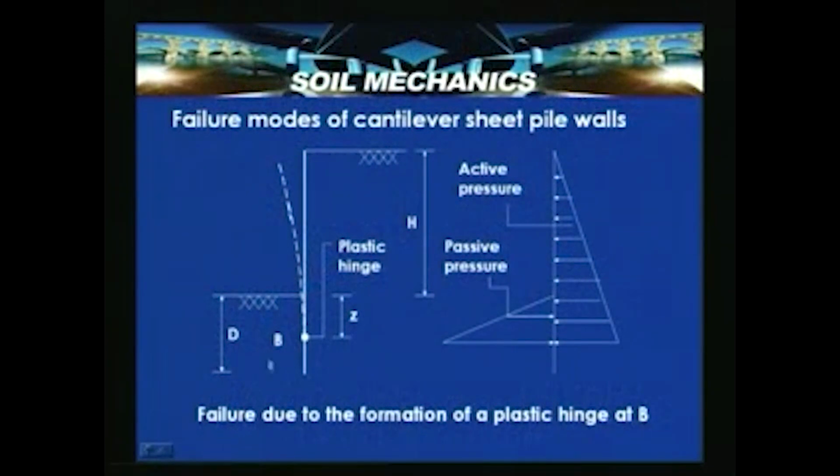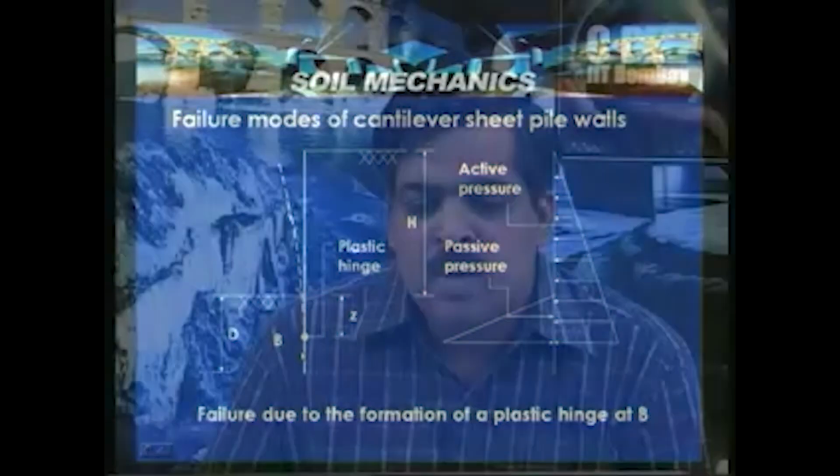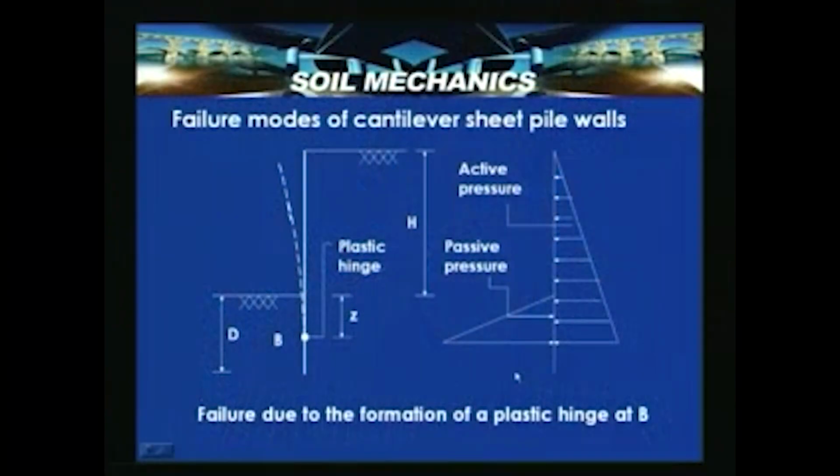So this is failure due to formation of a plastic hinge at B, which is shown here. In such a situation, the wall neither moves towards the soil nor away from the soil; it remains intact. So there will be zero pressure on both sides here, this portion is again passive pressure, and this entire zone is active pressure.